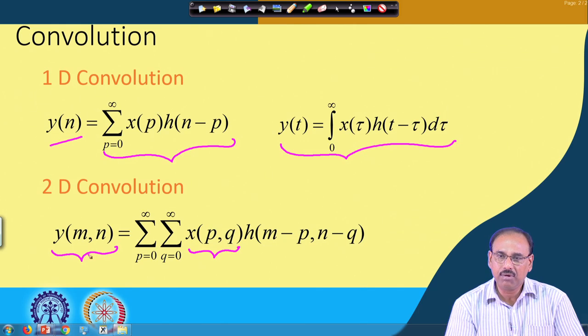This is how you get the output of the system when the input is an image x and the output is the image y, where the system impulse response is given by h.